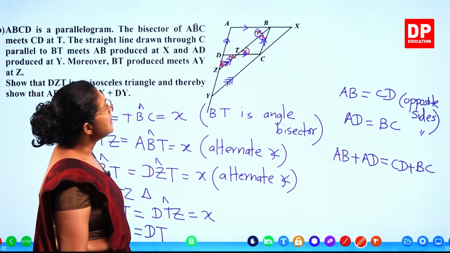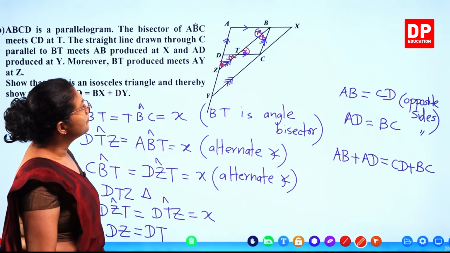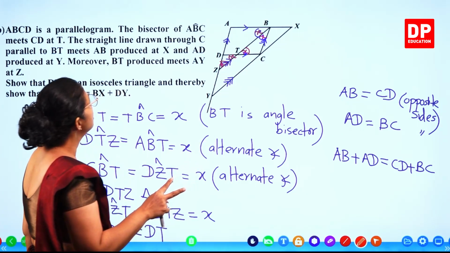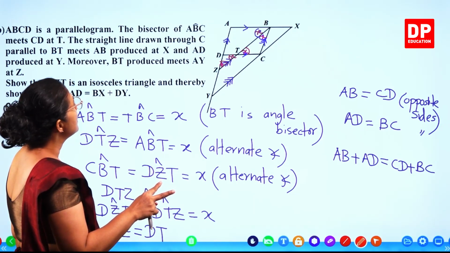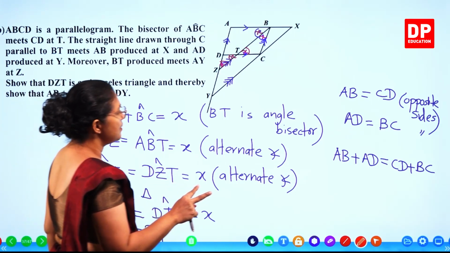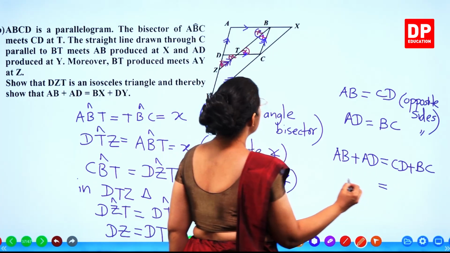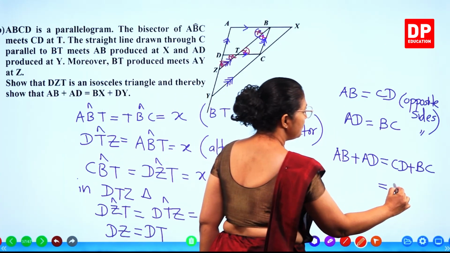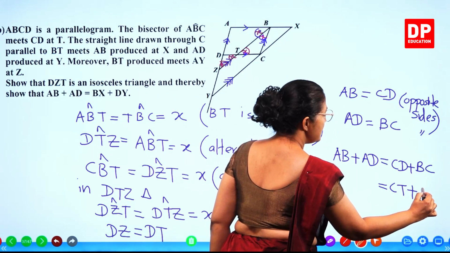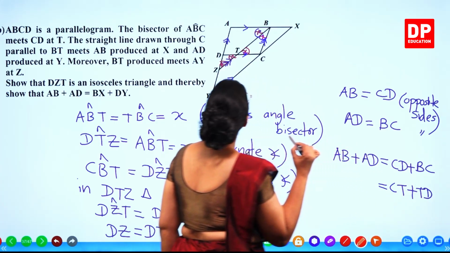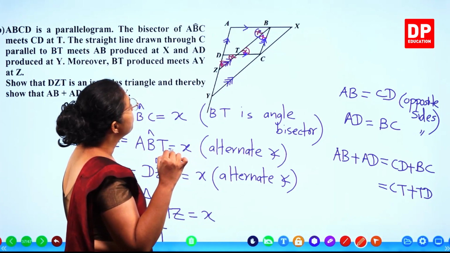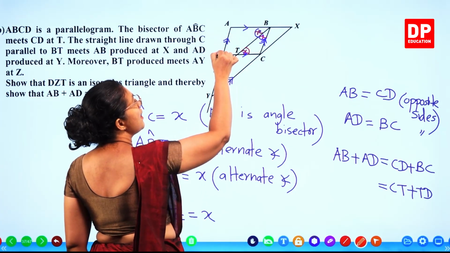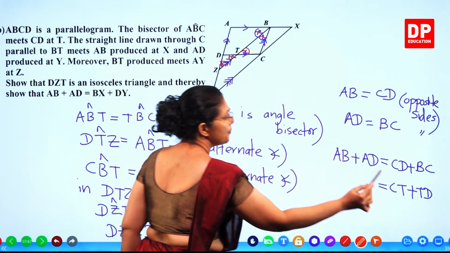What can you say about CD? CD is the same as CT and DT. So you can split. Instead of CD, I can split CT and TD, and BC I can write as AD because BC is the same as AD from this one.